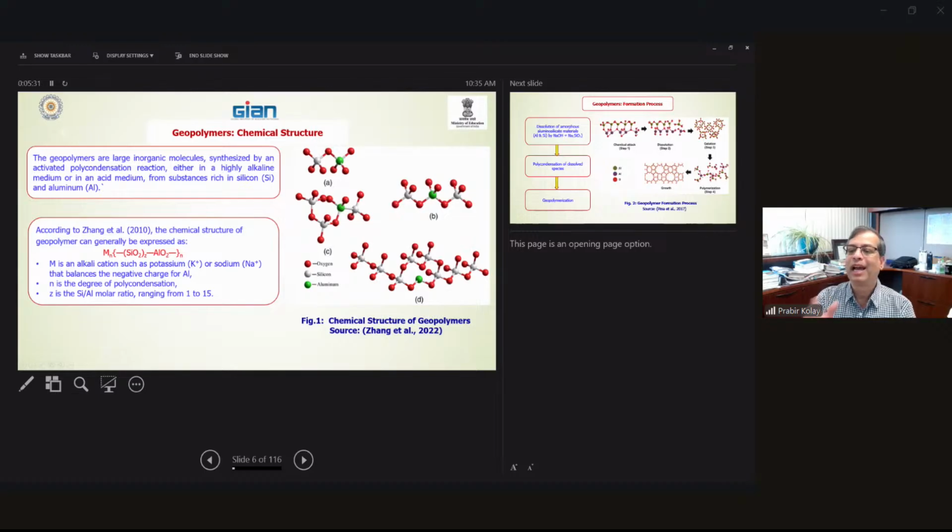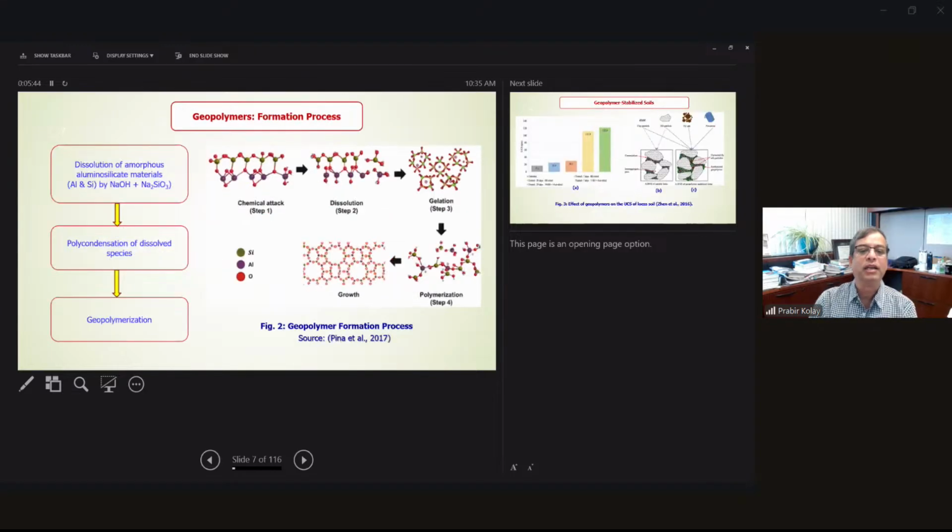Okay. So most of the time, as I mentioned, the silica and alumina you can change, and also you need to use the alkali, mostly either sodium hydroxide or potassium hydroxide, and the sodium silicate. So the first phase is dissolution of amorphous silicate material. Soil, clay, mostly has silica, alumina, iron, right?